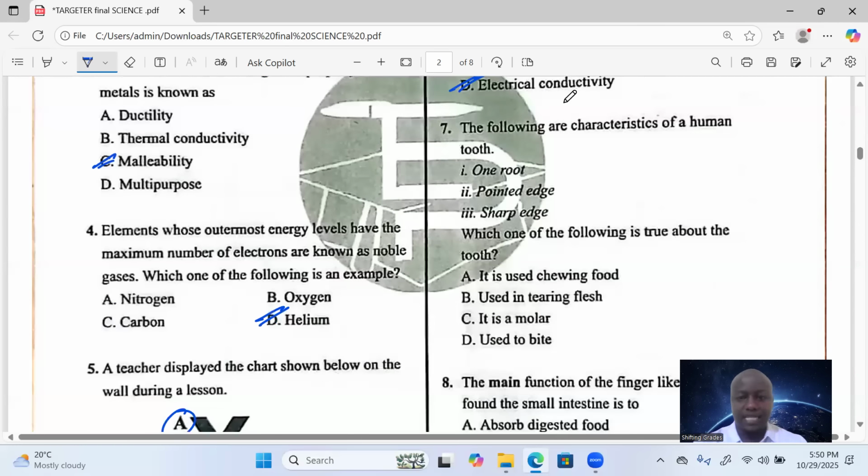Let's look at number 7, ladies and gentlemen. The following are characteristics of a human tooth: one root, pointed edge, sharp edge. Both sharp and pointed. This is generally the characteristics of canines.